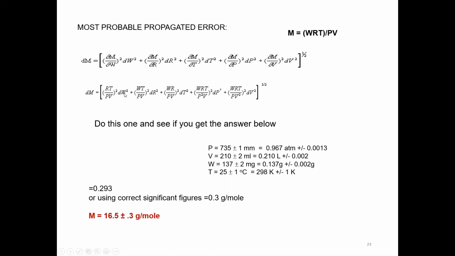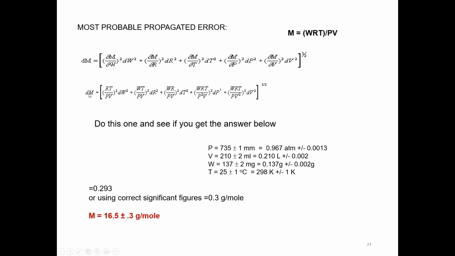And for dW, we use the error in W, that'll be 0.0002, to calculate the first term, and so on and so forth. Eventually, we got 0.293 as our uncertainty, and then we use the correct significant figures to get 0.3 grams per mole. Then the final answer for this one is 16.5 plus or minus 0.3 grams per mole.